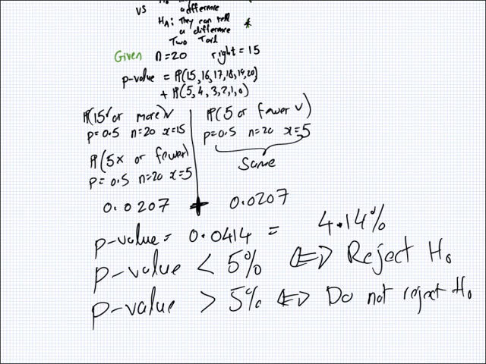But if you have exactly 5%, is it rejected or not rejected? Flip a coin. It's not clear if it's exactly 5%, and I doubt that you can technically get exactly 5%.